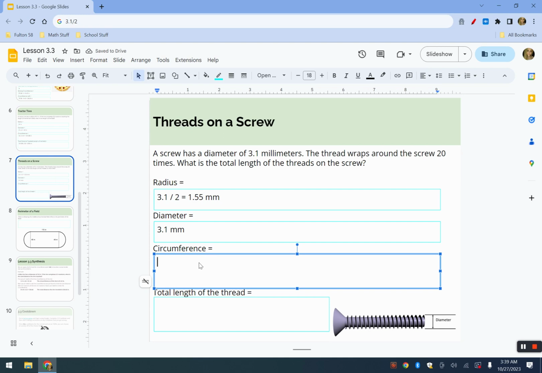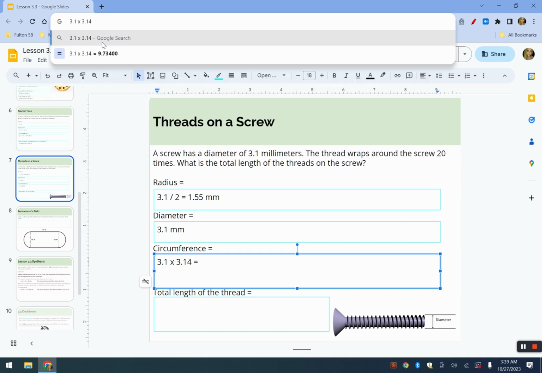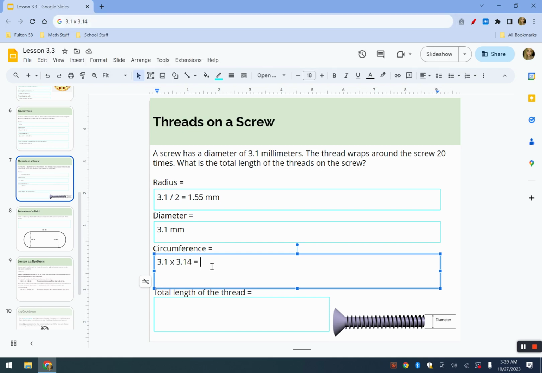For your circumference, you're going to take your diameter and multiply it by pi. And that's going to be 9.734.